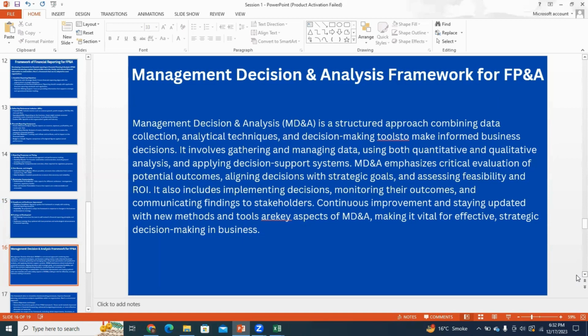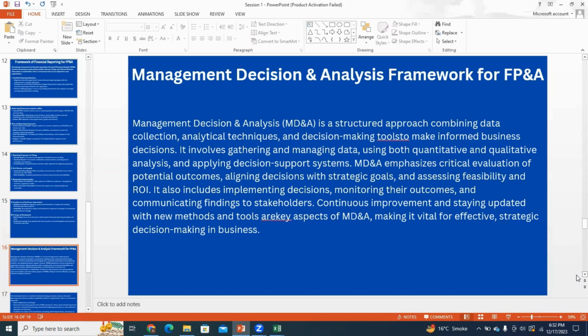It says it involves gathering and managing data using both quantitative and qualitative analysis, applying decision supporting systems, as I have discussed before. MD&A emphasizes critical evaluation of potential outcomes, aligning decisions with strategic goals, assessing feasibility and ROI, return on investment.